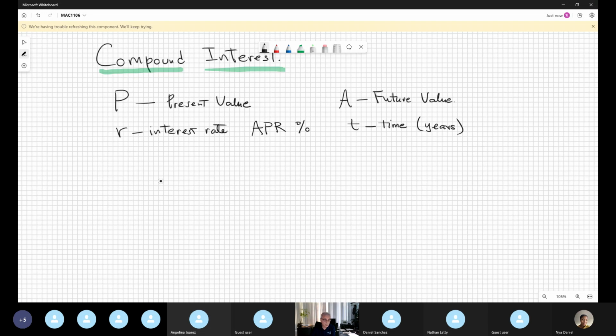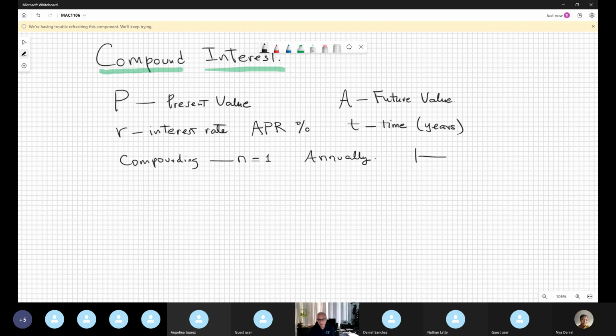So what is the formula? Well, we have one more component in the formula, which is the compounding. Because it's compound interest, the compounding is one number, which normally is called M. M is equal to 1 if the account is annually. What does that mean?